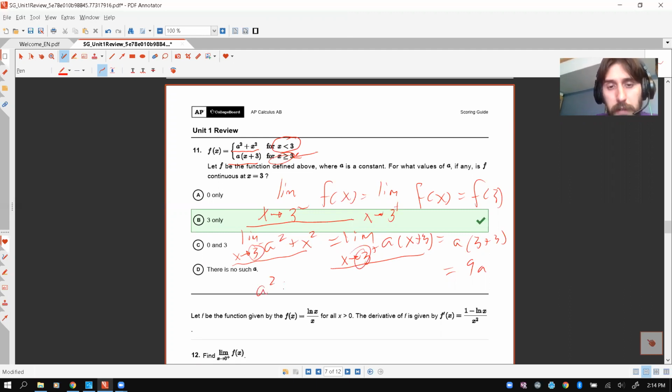So we want a squared plus 3 squared to equal a times 3 plus 3. So in order to do that, we will get a squared plus 9 equals 6a, and we want those to equal, and we also want it to equal 9a.